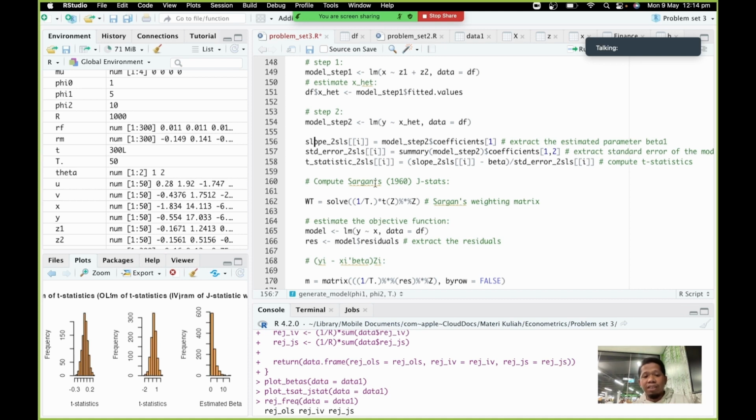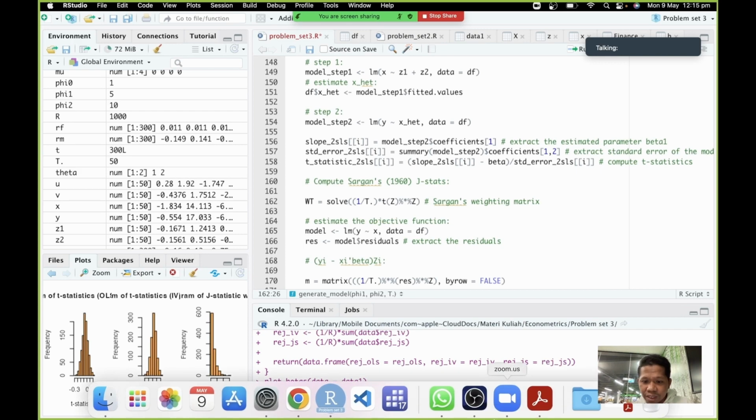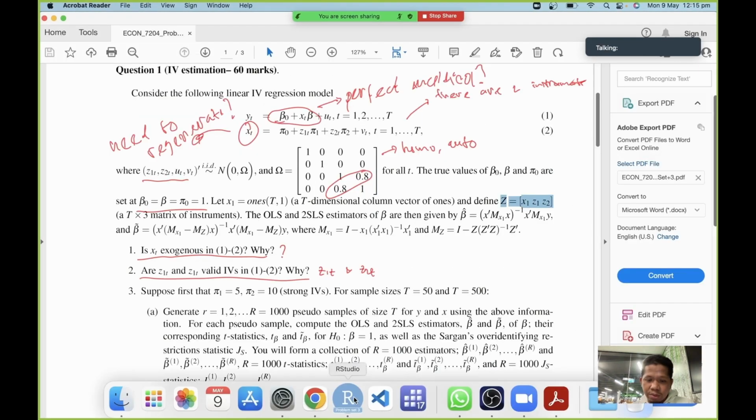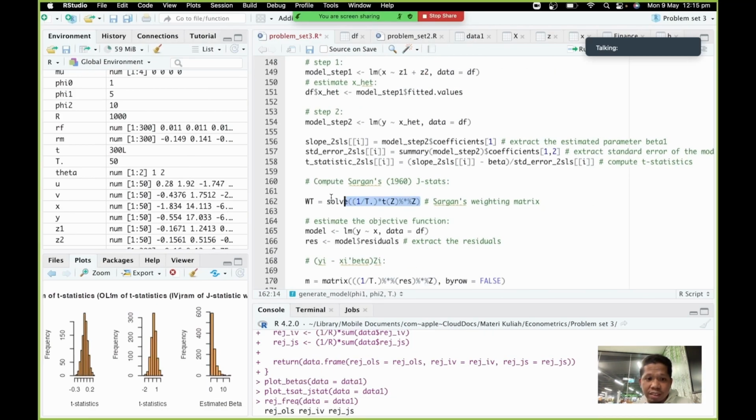So in R, if you want to calculate the inverse, we just use solve here. You can pay detailed attention here. It is the Z that we have defined in the question also. So here we just define it in code: 1 over T multiplied by the transpose of matrix Z dot the Z itself.